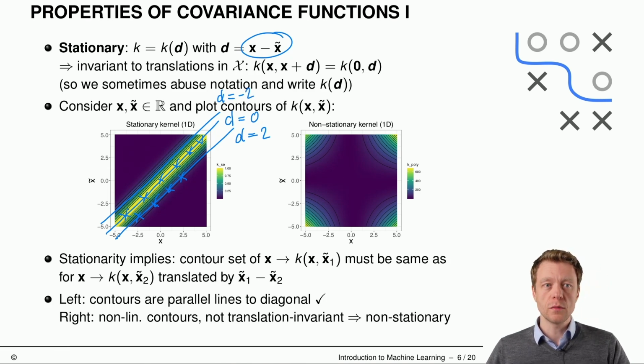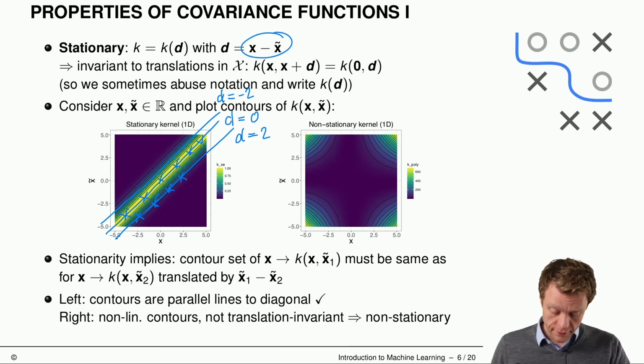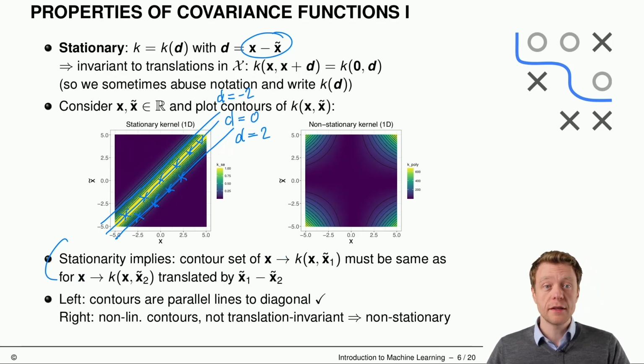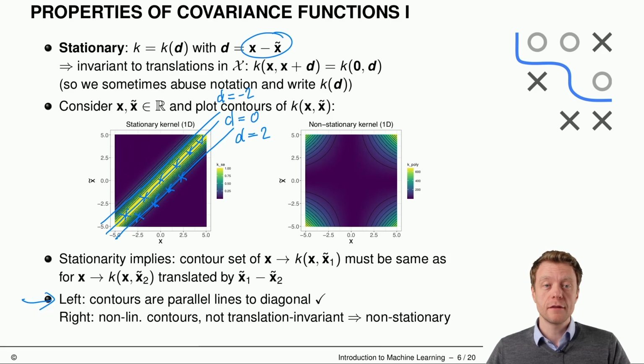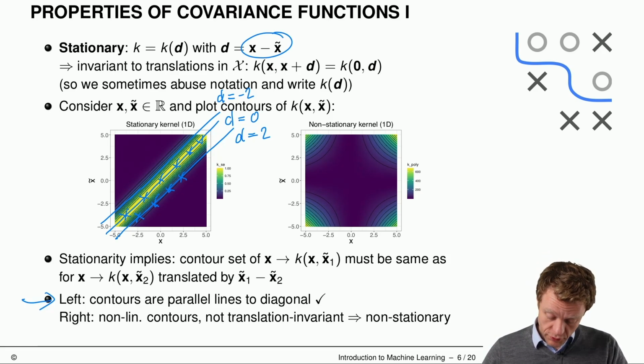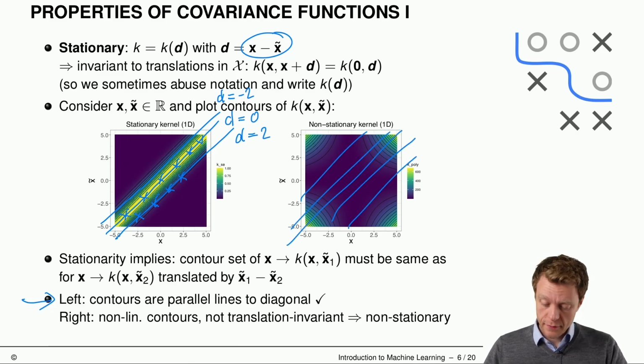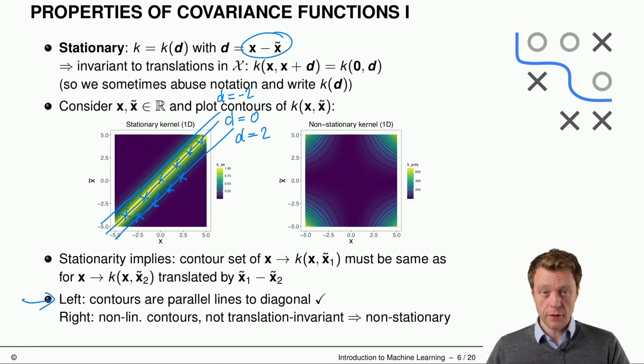So if we have a stationary kernel, then this contour set must be the same for these and that, just translated by this difference. And more important, perhaps, the second point here: the contour lines are parallel to the diagonal. On the right-hand side, you don't see this, so there are no such parallel lines in that plot of that kernel, so this is not a stationary kernel.